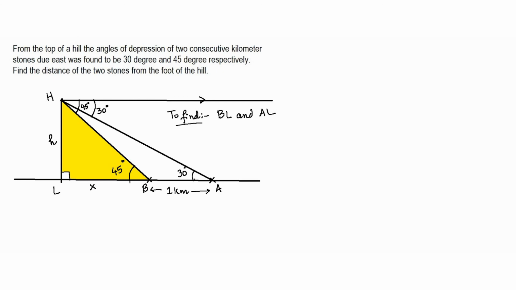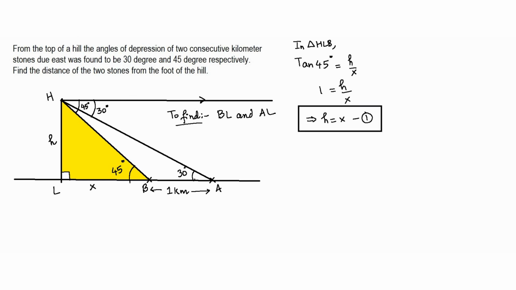I can say that in triangle HLB, tan 45 is equal to h upon x, and tan 45 is 1, which means 1 equals h upon x, which implies h is equal to x. This is the first equation that I can build from the given question.